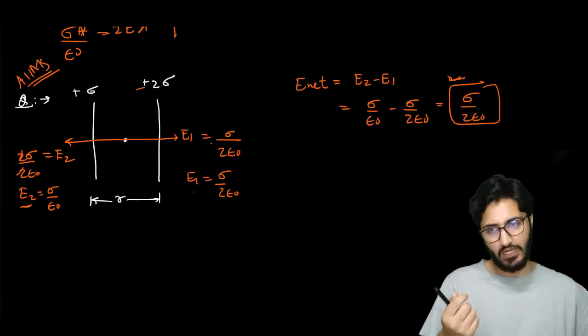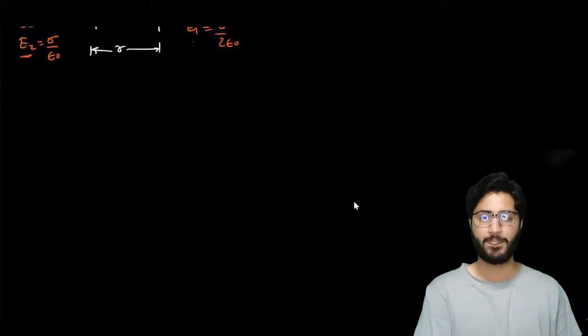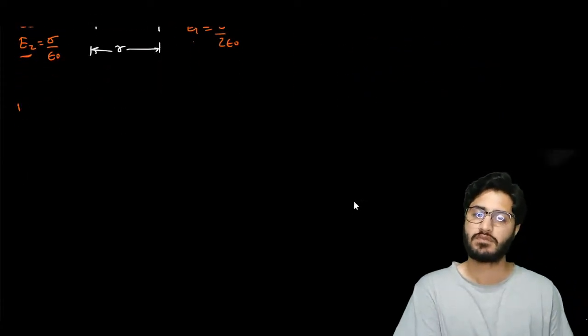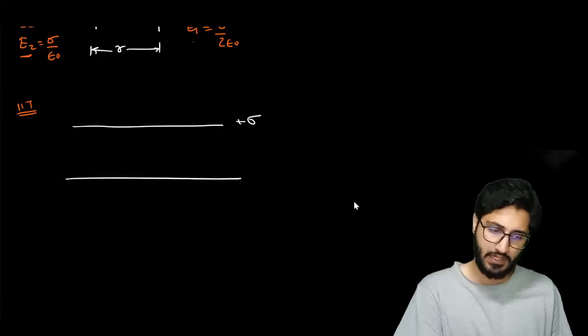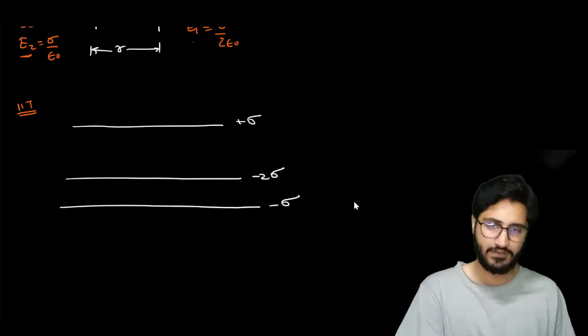Done? Let us do a numerical from IIT. Look, we have a plate with plus sigma charge density, one more plate with minus 2 sigma charge density, and one more plate with minus sigma charge density.